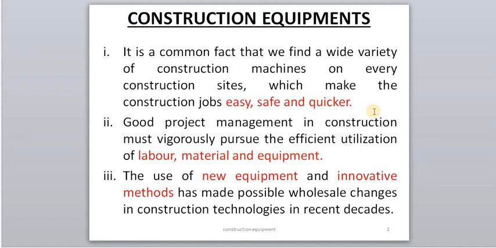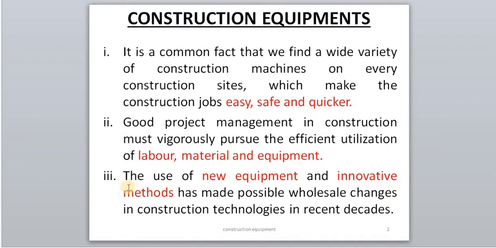If we have done proper management, that means we have properly managed labors, materials, and also the advanced equipments required in the constructions. Management does not relate to only one concept; it is a wide concept. We are managing labors, materials, and also the equipments required for the constructions.